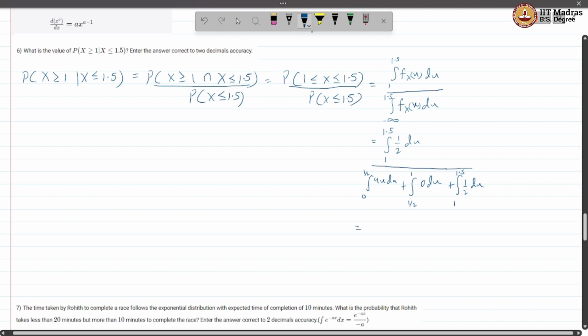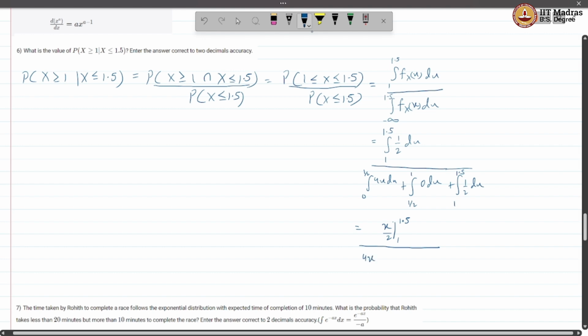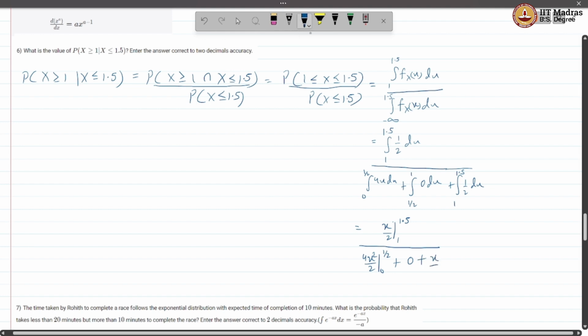And on integration, this will be equal to x by 2, where lower limit is 1 and upper limit is 1.5, and the denominator will be 4x square by 2, where lower limit is 0 and upper limit is 0.5, plus 0 plus x by 2, where lower limit is 0 and upper limit is 1 by 2.